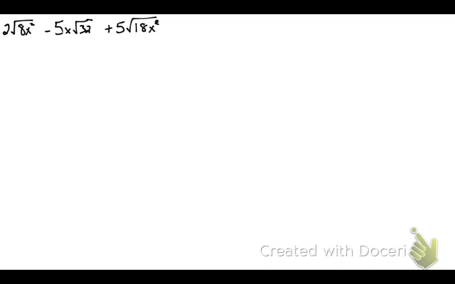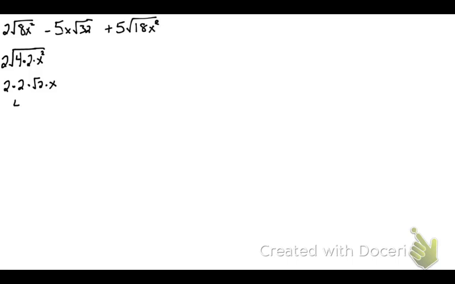Well, I know for this first term it would be 2 times the square root of 4 times 2 times x squared, which means this is 2 times 2, because that's the square root of 4, times the square root of 2 times x.